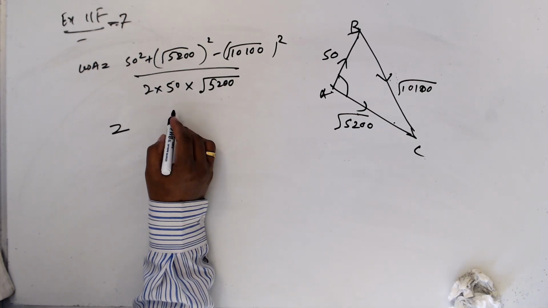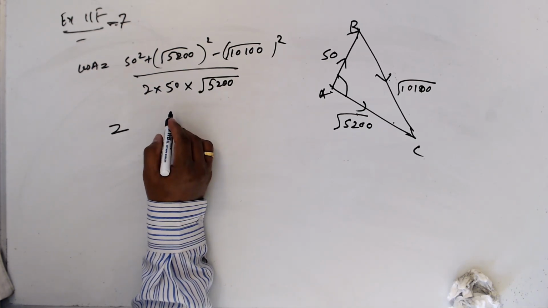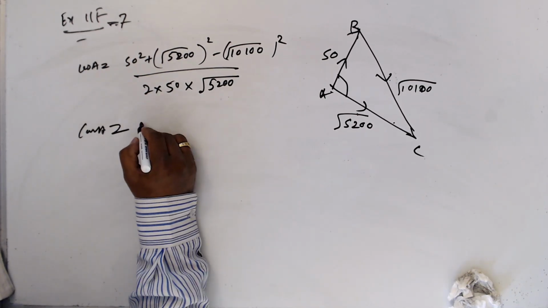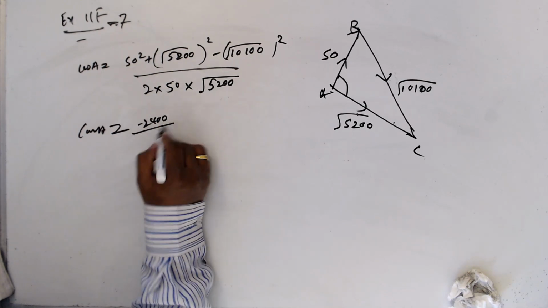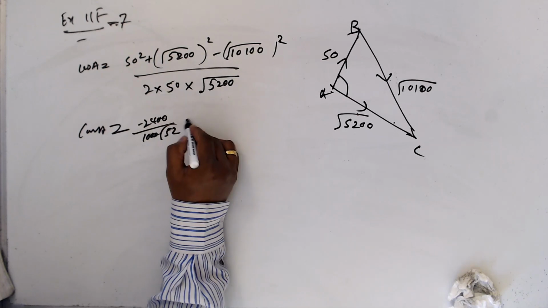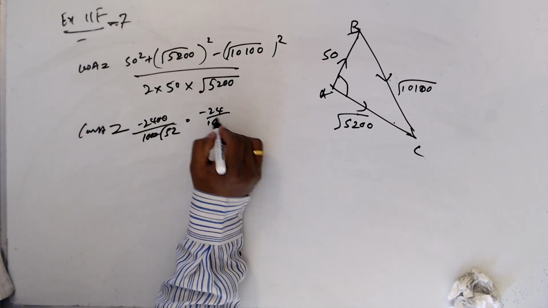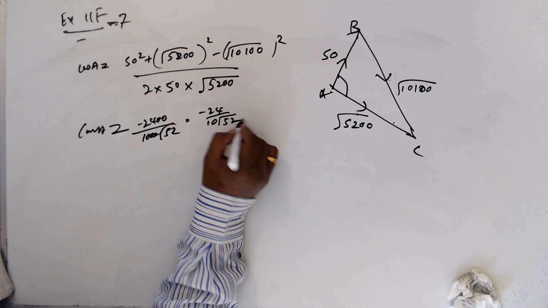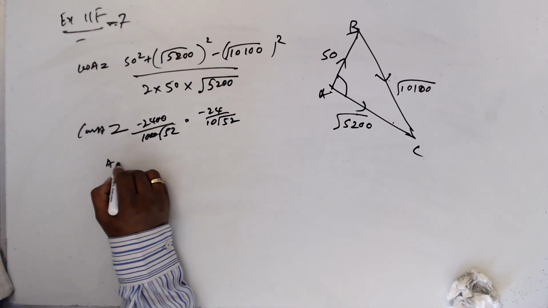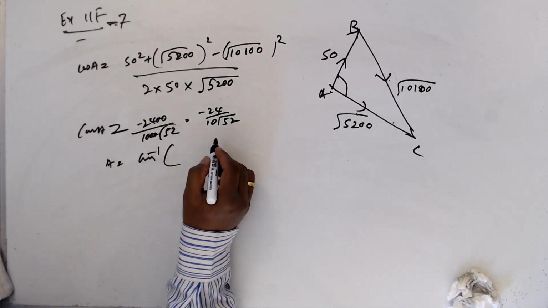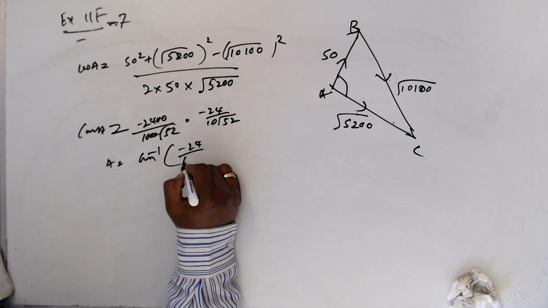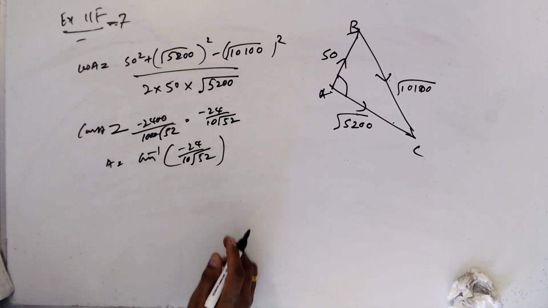So you will get this answer. cos A is minus 2400 over 1000 square root 50, so 24 over 10 square root 52. So when you find A, cos inverse minus 24 over 10 square root 52.